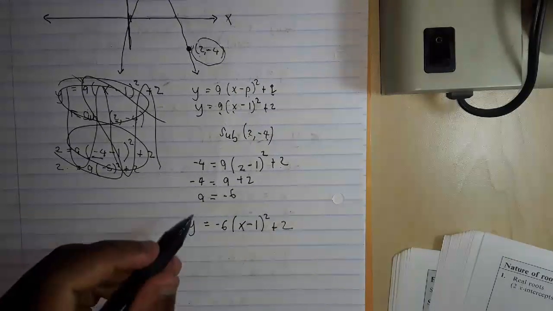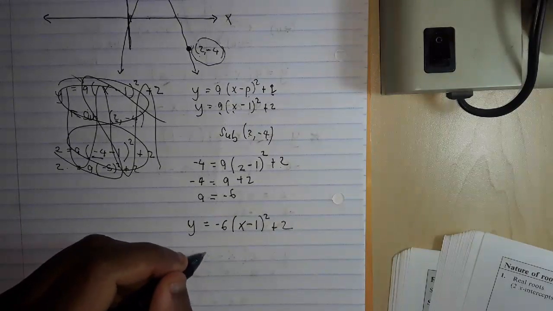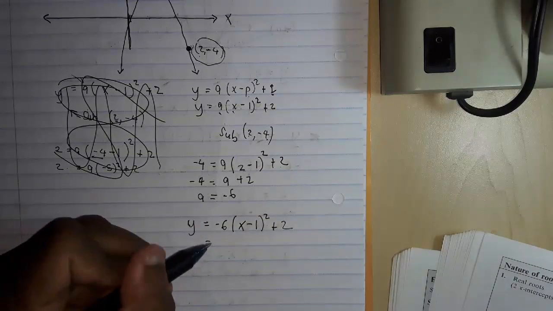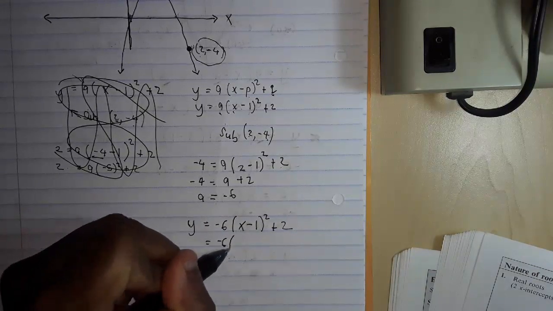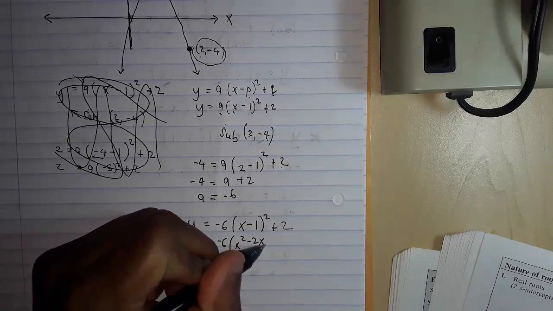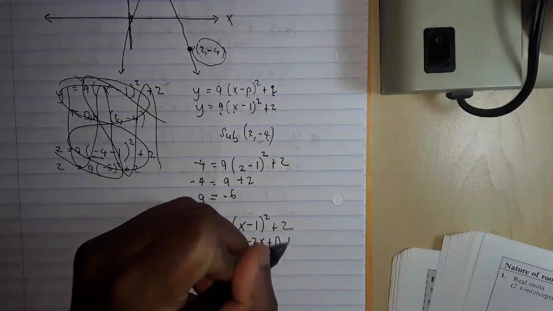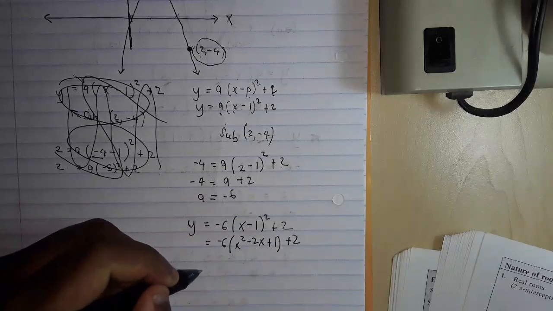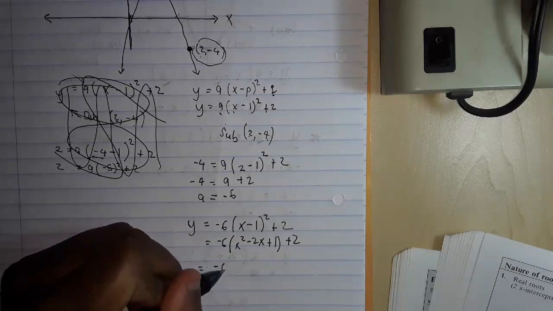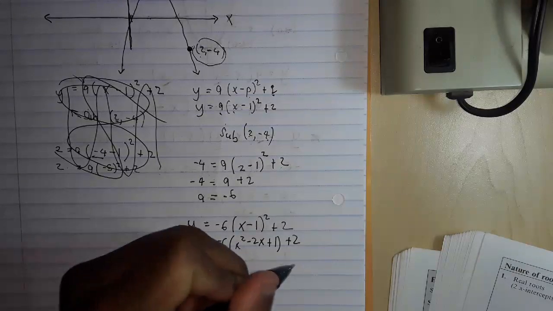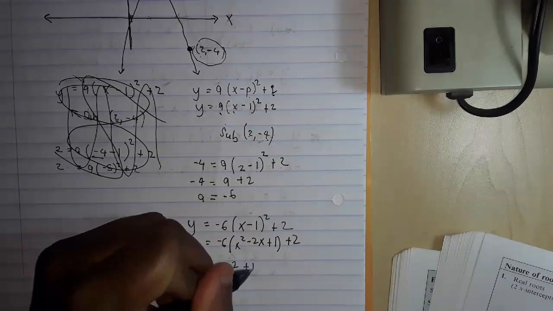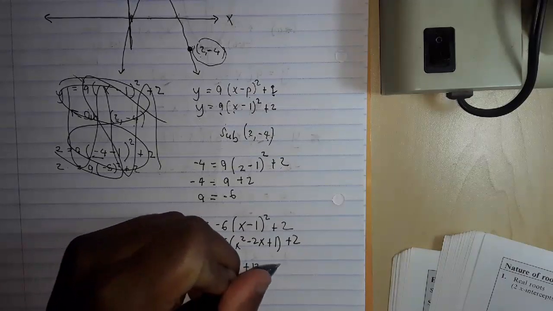Now we need to distribute to get to the final form. If you distribute this, you will get -6(x squared minus 2x plus 1) plus 2, and you get -6x squared plus 12x minus 6 plus 2. If you simplify this, it's going to be -6x squared plus 12x minus 4.